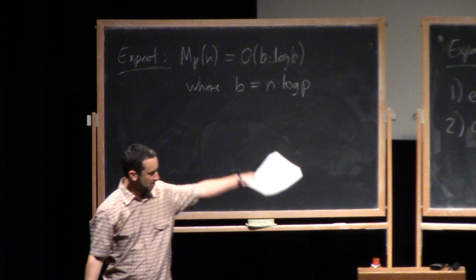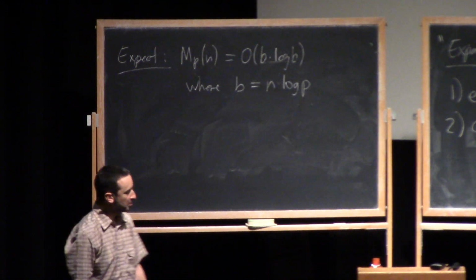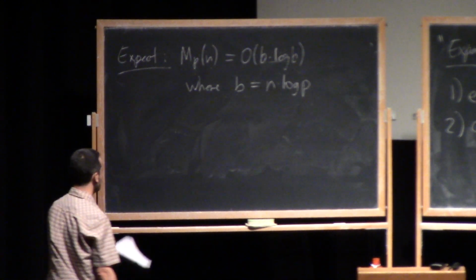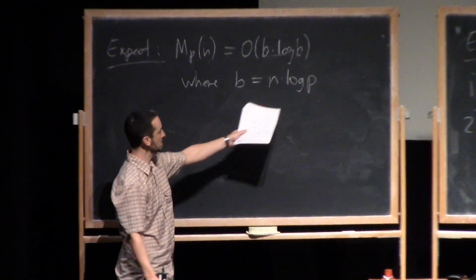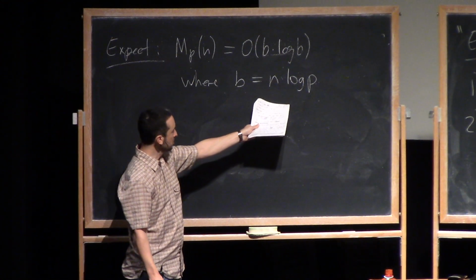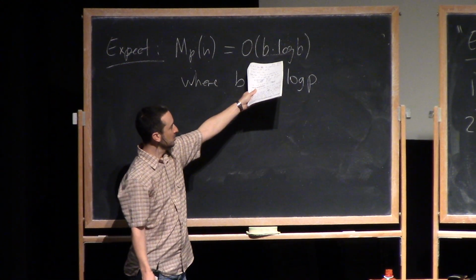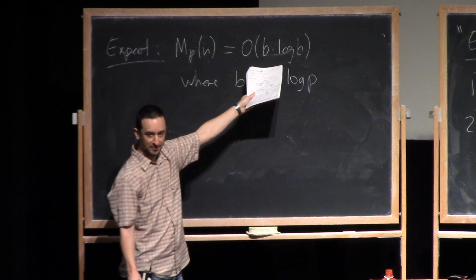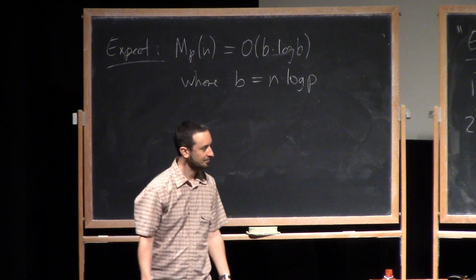So if you take two polynomials over F_p of degree n, and you look at the total number of bits to represent those polynomials, which is n log p, then you should be able to multiply them in time B log B. That's what we think is true.